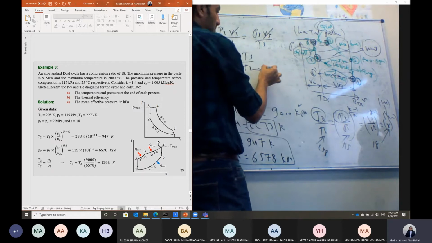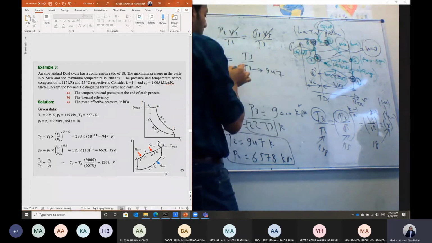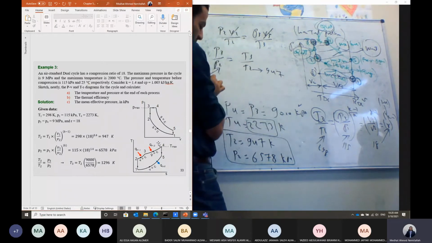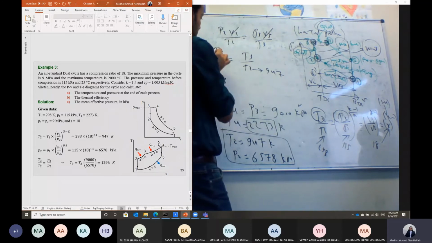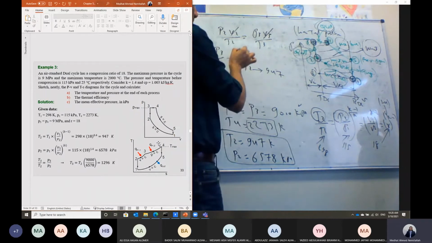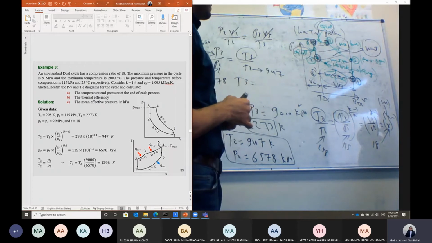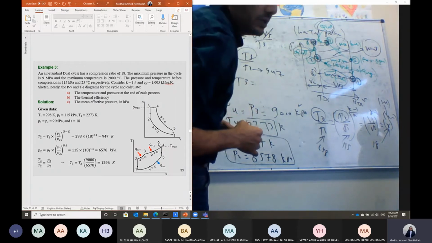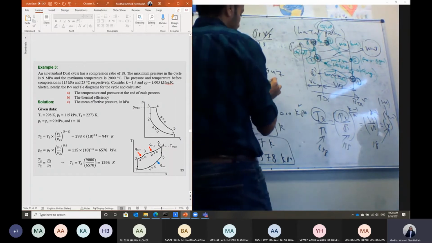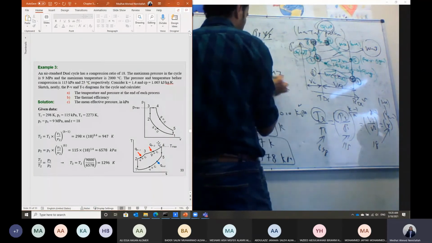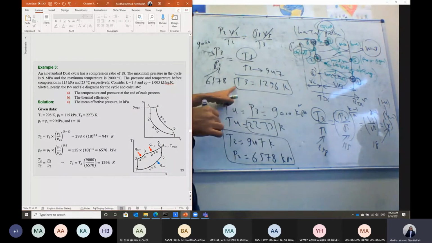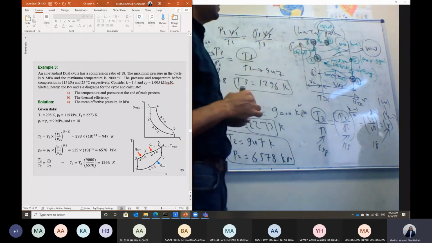We have T2, 947, and P2 equal to 6578, and P3, which is P4, equal to 9,000 kilopascal. Then we can get the temperature T3 in this case. If you calculate T3, it will equal 1,296. Okay. Now we have the temperature T3, we have the pressure P3, which is the same as P4.